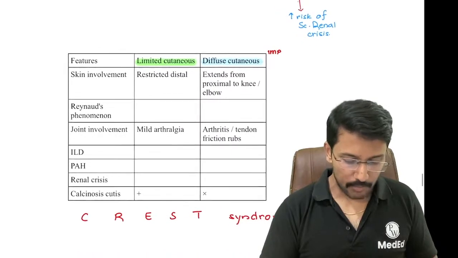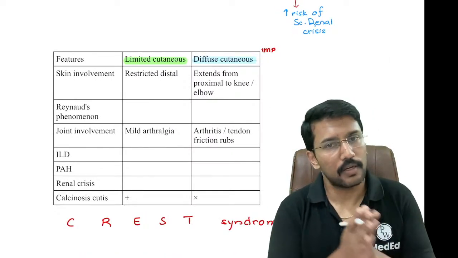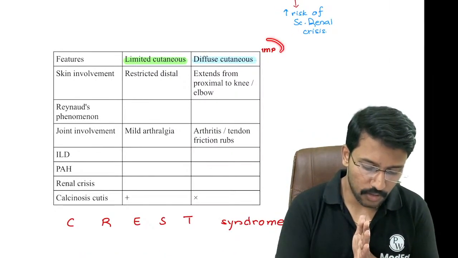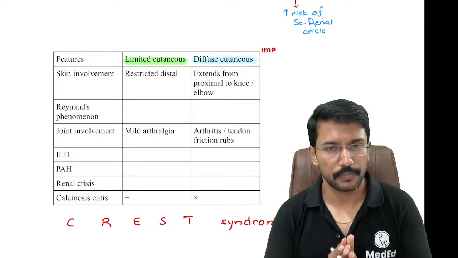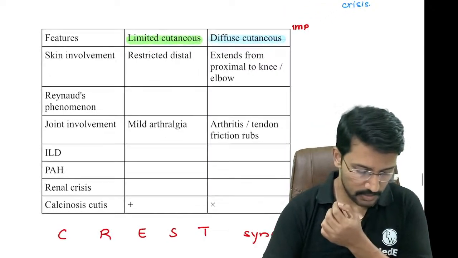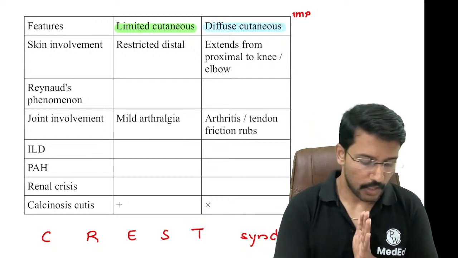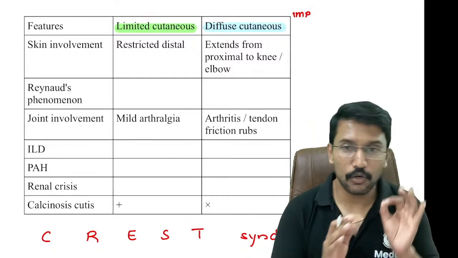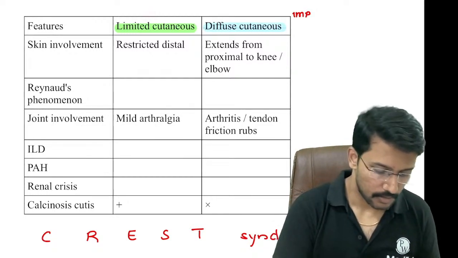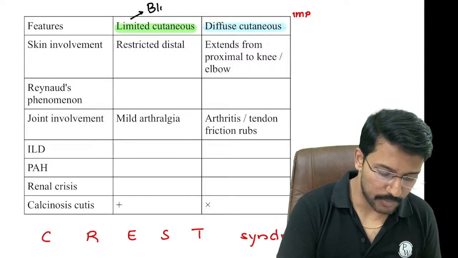Now here is a small table that will compare the limited cutaneous and diffuse cutaneous. From the Scleroderma, this is the most important topic. So there are 6-7 parameters to compare. I will make it easy for us to remember. Whenever you think of limited cutaneous, think of blood vessel. So consider limited cutaneous as primarily a blood vessel pathology.